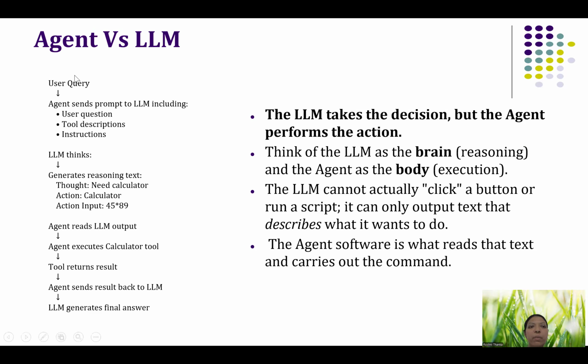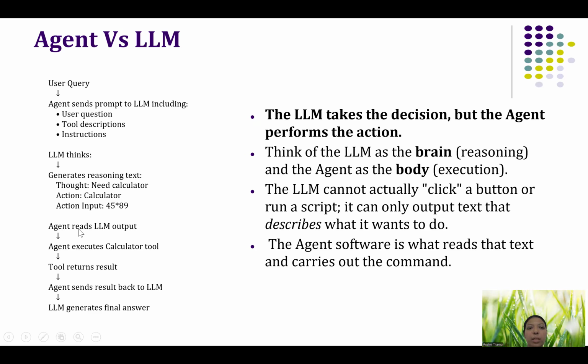Whenever the user gives a query, the agent sends that to the LLM, including the user's question, tool descriptions, everything. The LLM only thinks, and it will say, okay, it needs a calculator, or it needs the PubMed API or a database API, whatever it may be.